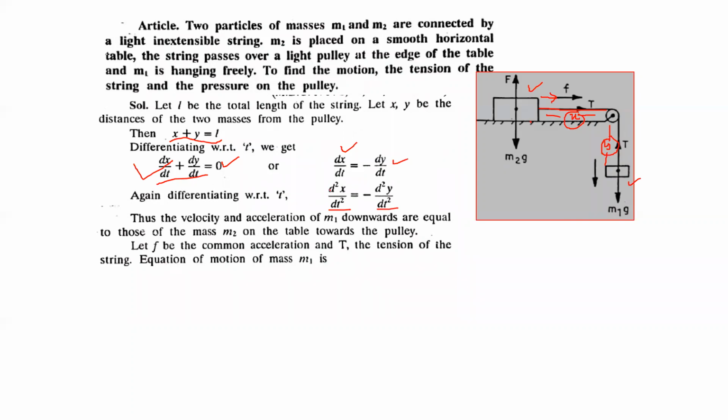That means the acceleration of the first particle and the acceleration of the second particle are equal in magnitude. Velocity and acceleration of m1 downwards are equal to those of m2 on the table towards the pulley. Now, if we assume it practically, because this mass is hanging vertically, obviously the motion will be towards this particle.